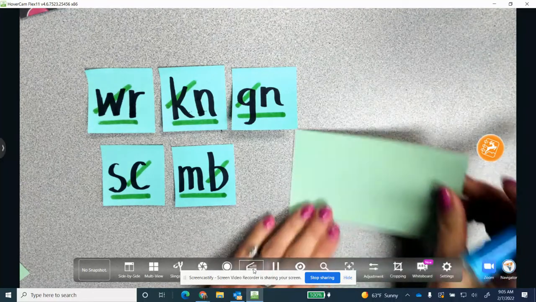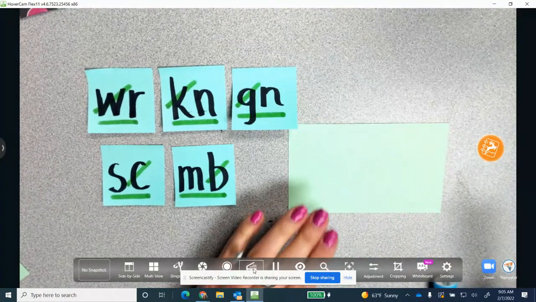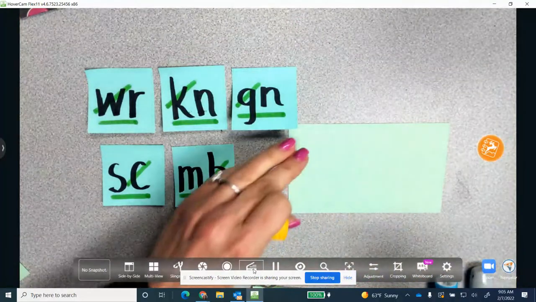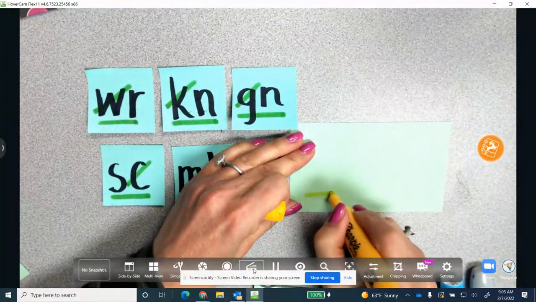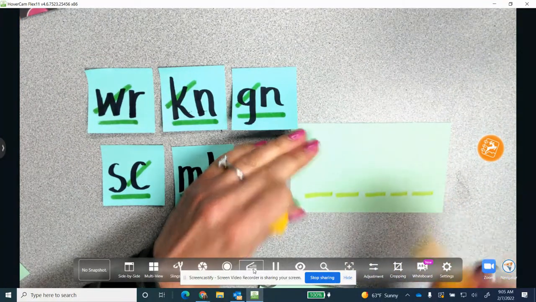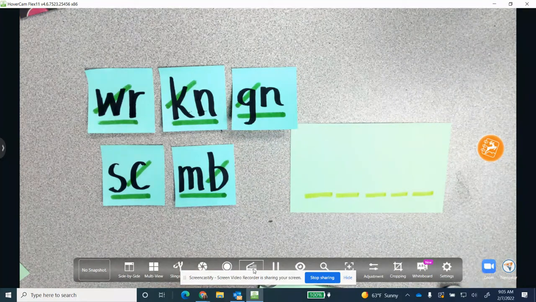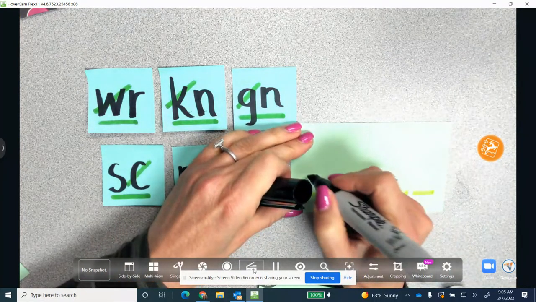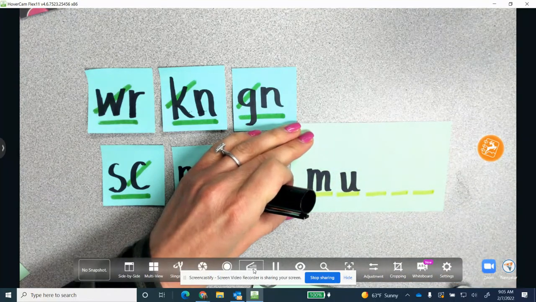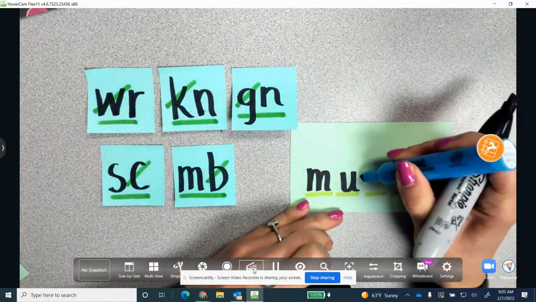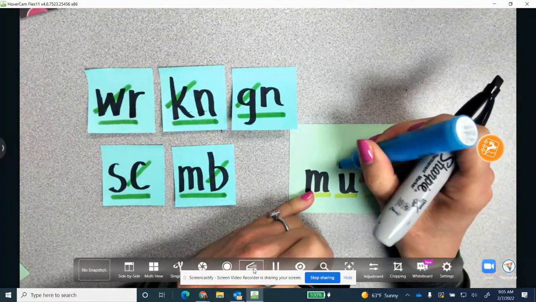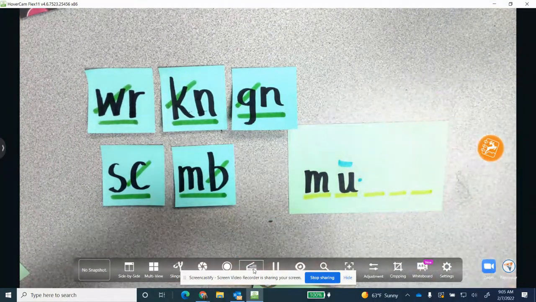Number 12. Review. Music. Music has 2 syllables. Music. Okay, that is an open syllable. So the U gets to say its name, mu. Zik.